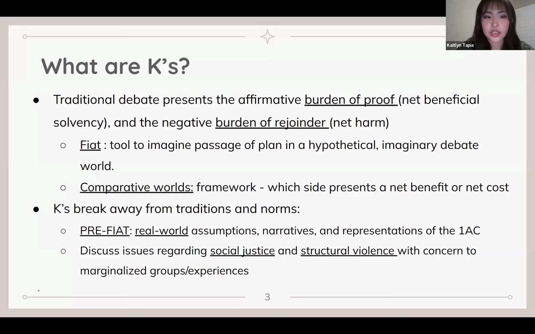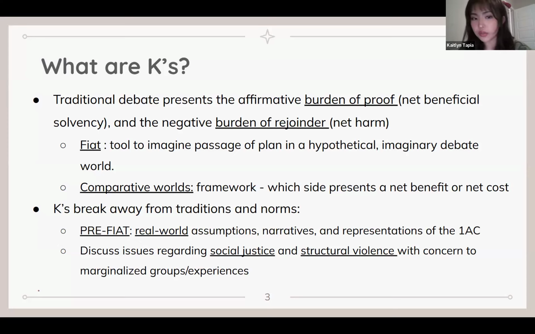The purpose of fiat is to compare different worlds and to evaluate the opportunity cost of doing something. If you want to determine whether an advocacy is going to be net beneficial, fiat could be a useful tool to help determine what would happen as a consequence, and then you would evaluate the positive consequences versus the negative consequences.